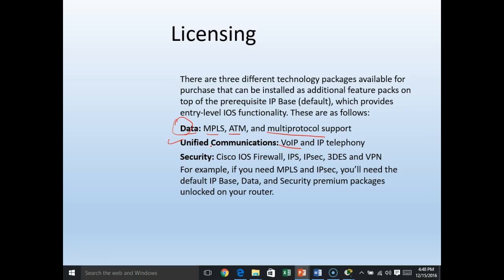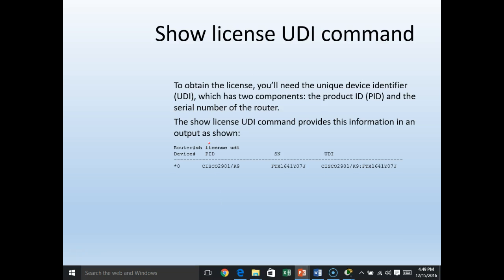So if we're going to have a VoIP system, IP telephony, we're going to have that. And then security has got all of the security information on it. So the different functionalities are available. And it says if you need MPLS and IPsec, then you'll need to do the IP-based data and the security premium packages to unlock your router.